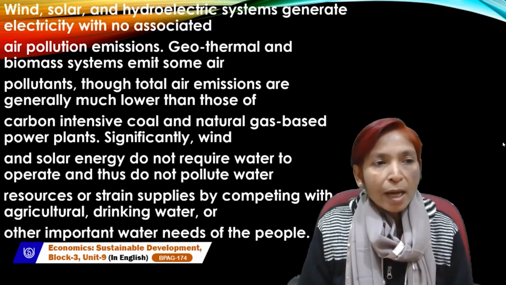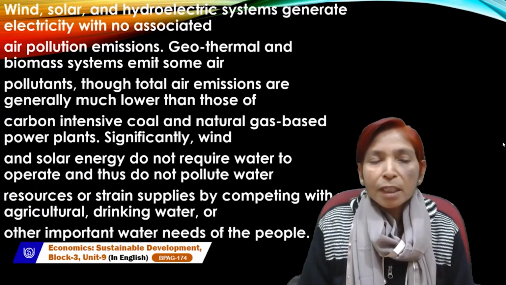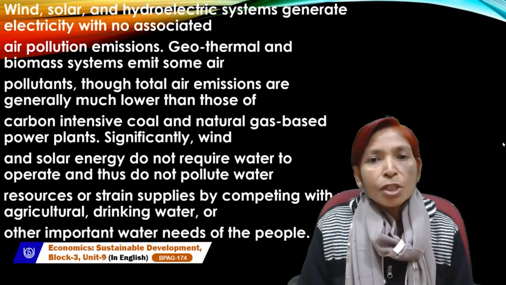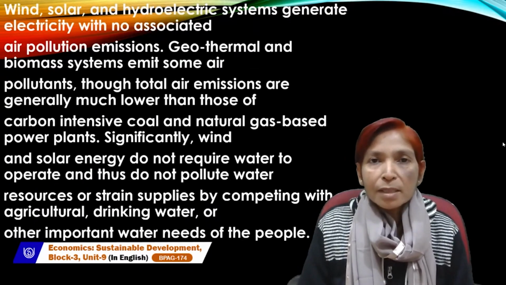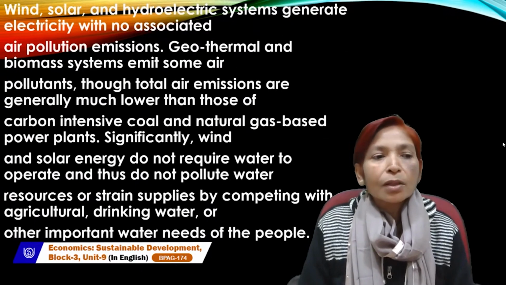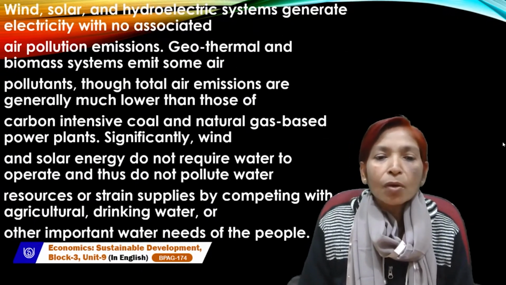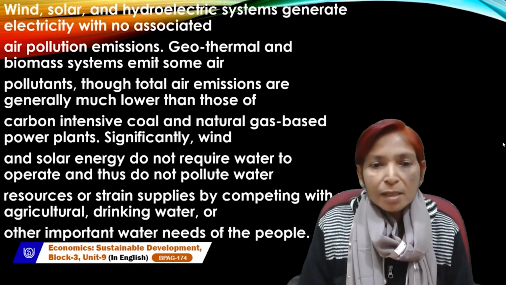It will not hamper the environment. Geothermal and biomass systems emit some air pollutants, though total air emissions are generally much lower than those of carbon intensive coal and natural gas based power plants.